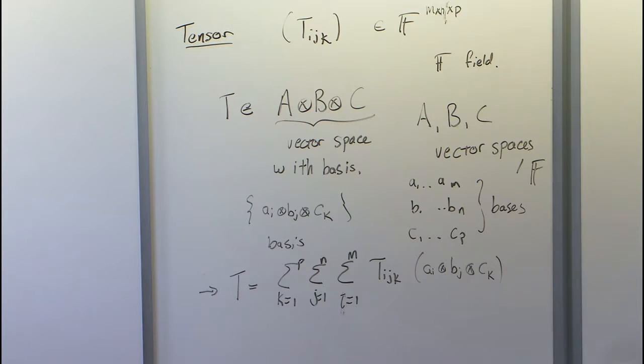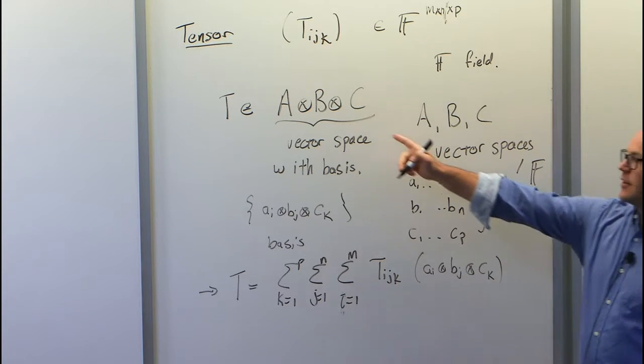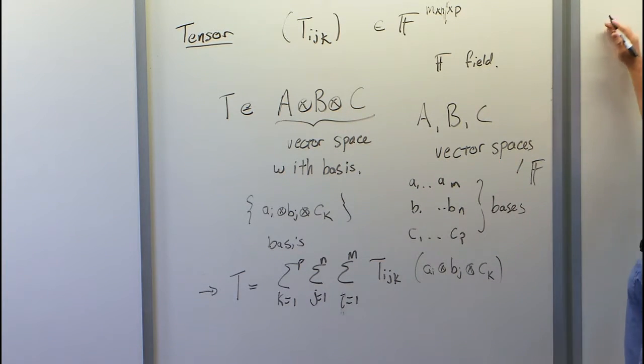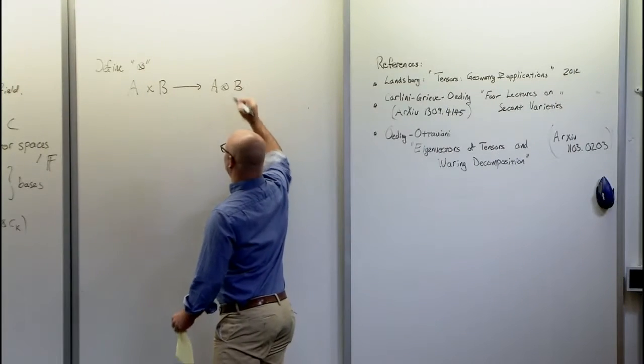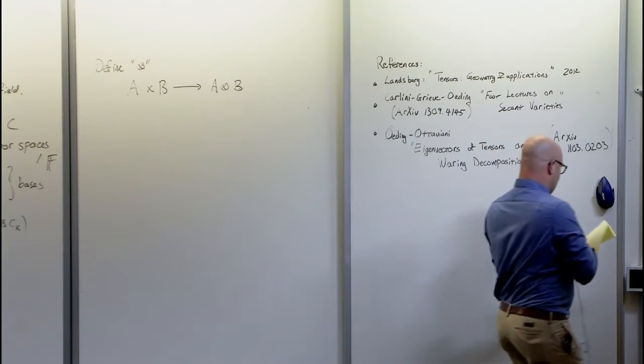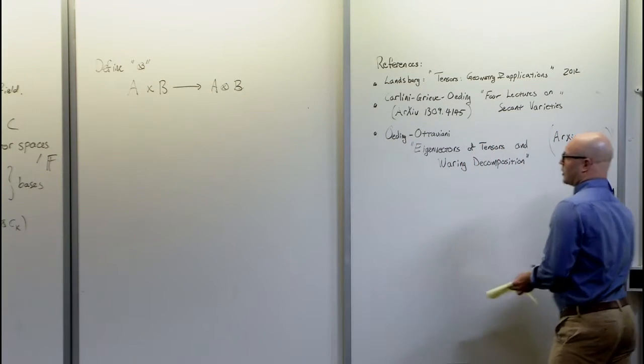Okay, so I want to stick with this abstract approach for just a little bit longer. So let's talk about this tensor symbol. I can define this symbol tensor as a map. And again, it seems a little bit circular as written, but I hope that it'll be clear as we go along.